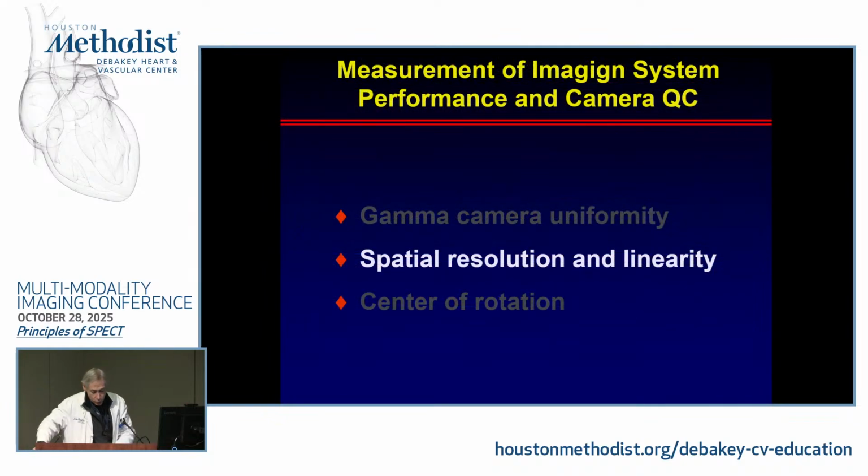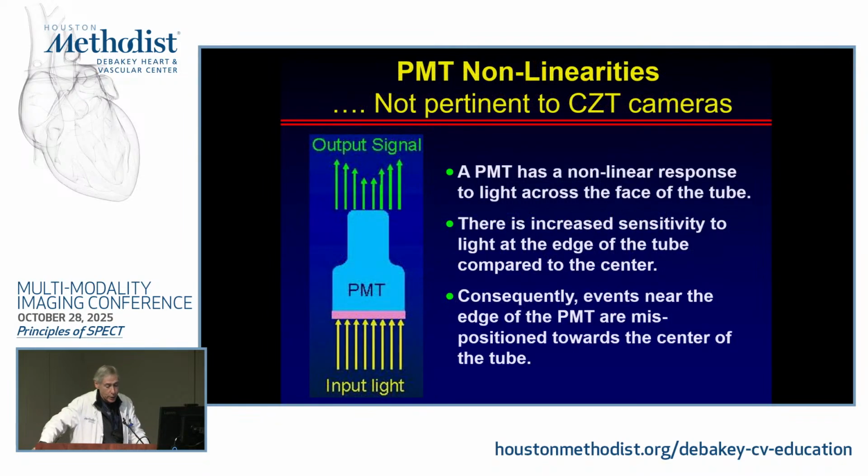Okay, spatial resolution and linearity are really not applicable to CZT cameras, but they are applicable to cameras that still use photomultiplier tubes. And that also needs to be corrected, because as light goes in and as electrical signals go out, they can vary, particularly in the center versus the periphery of the PM tube.